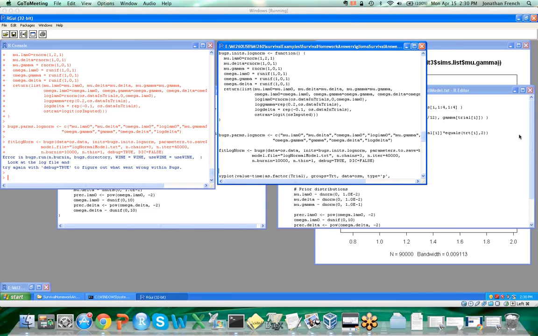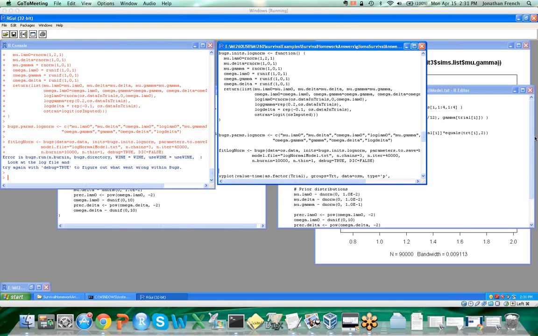AIC itself, and in fact DIC, I don't think really relies on that strictly speaking. So I don't think the models have to be nested, but I don't think there's a complete consensus on that point.